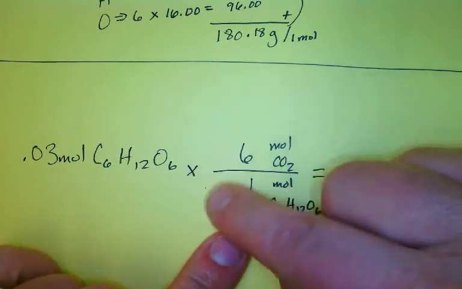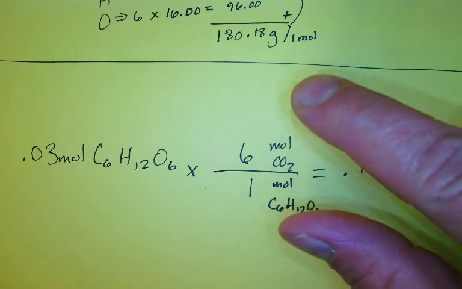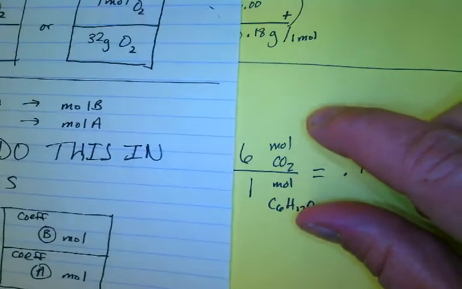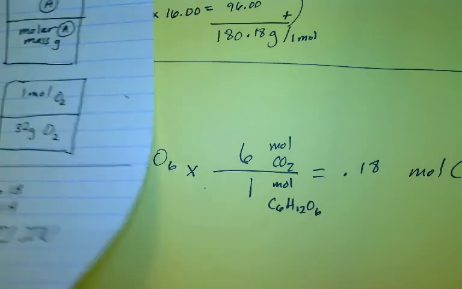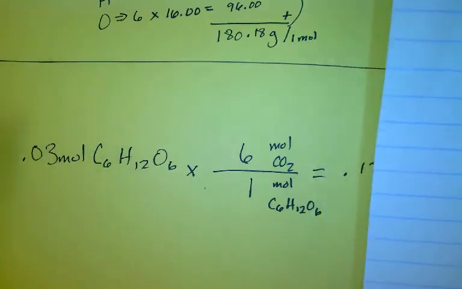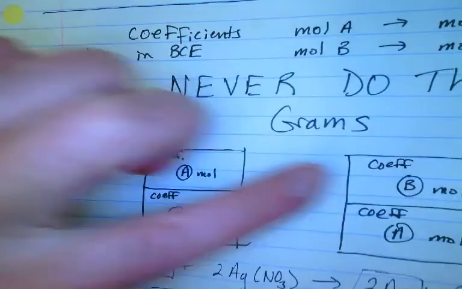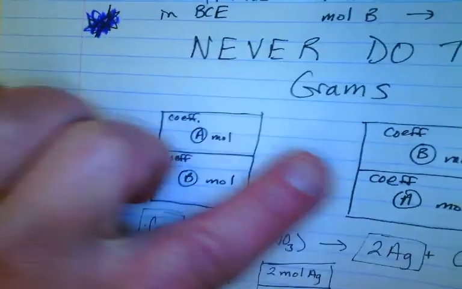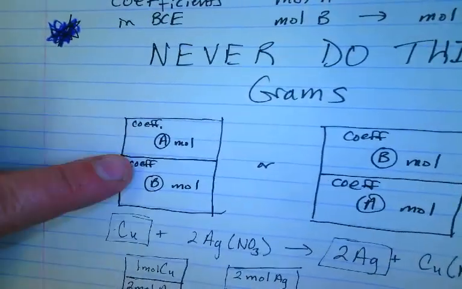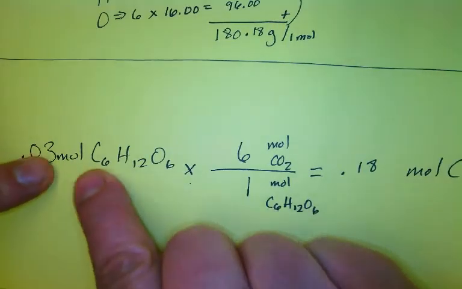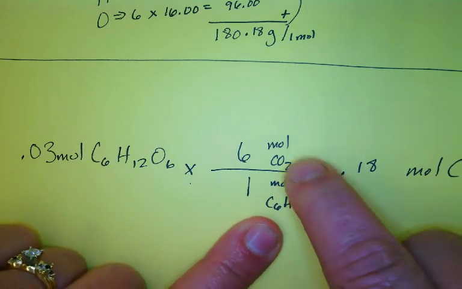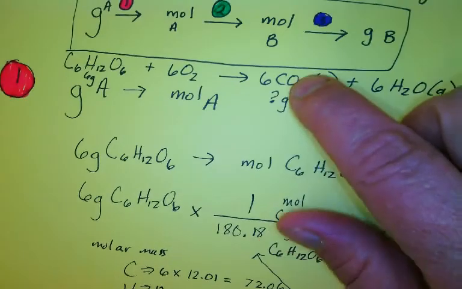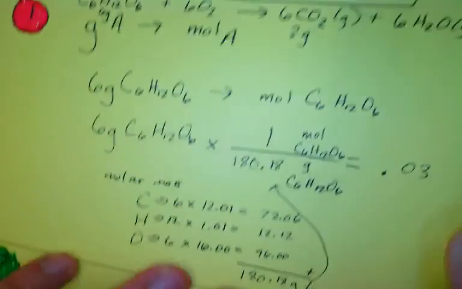And then I'm going to set up my domino. I'm going to use the moles of sugar because I want to get rid of that. And I want to end up in moles of CO2 because we have the question mark after it.